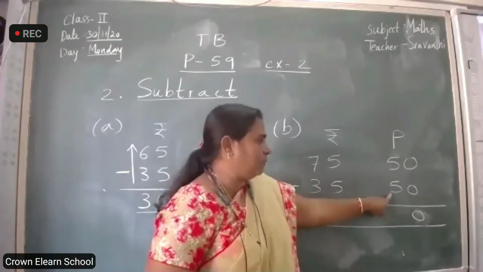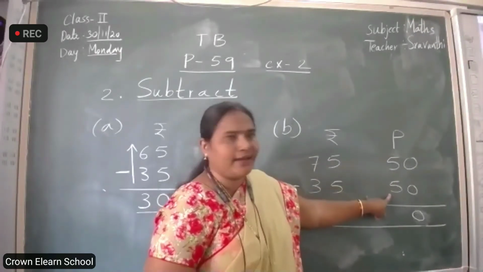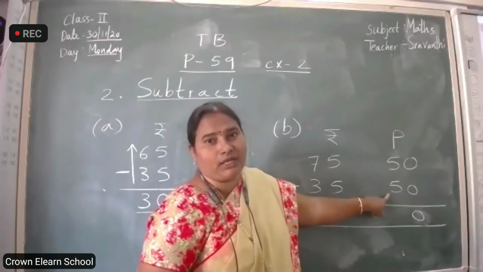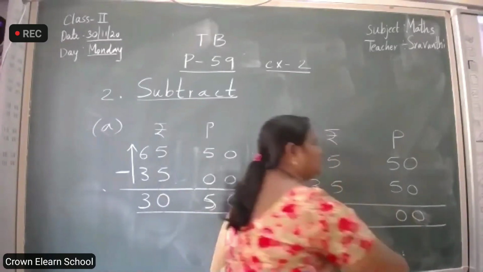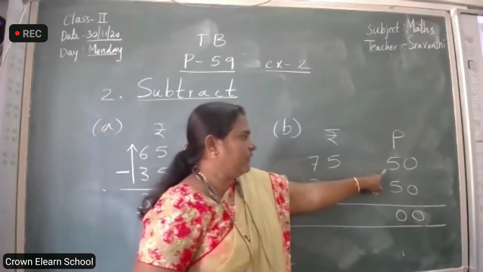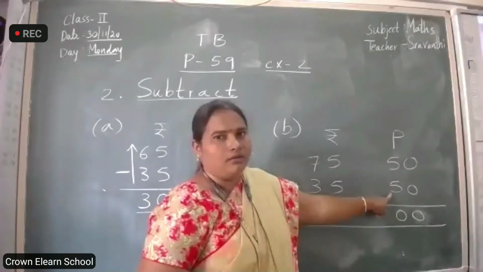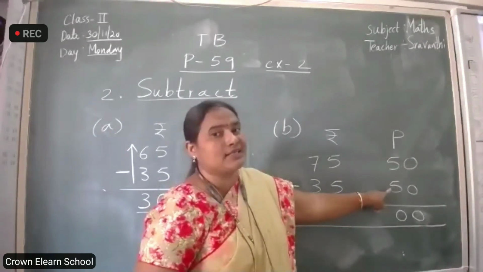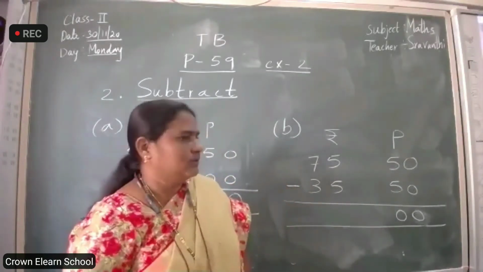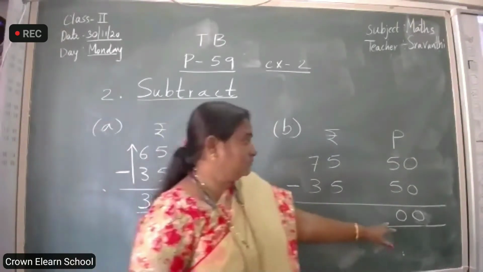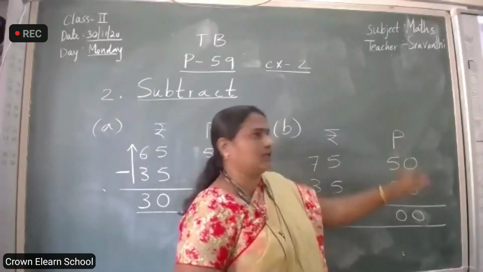Subtracting the same number. 5 minus 5. Same number we are subtracting. So what do you get? 0. Property of subtraction, subtracting the same number. We get 0. So 0 paise.